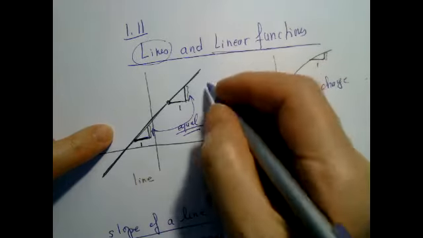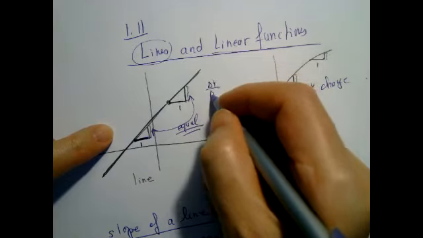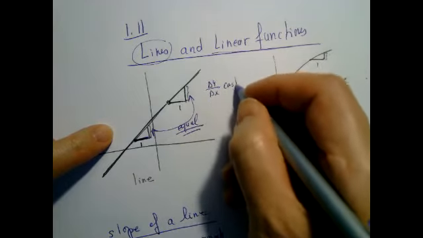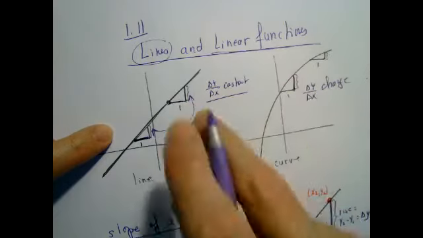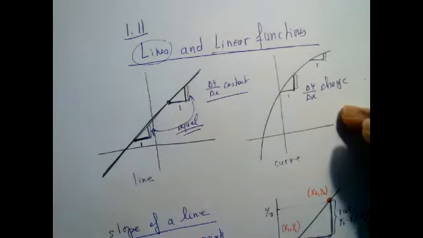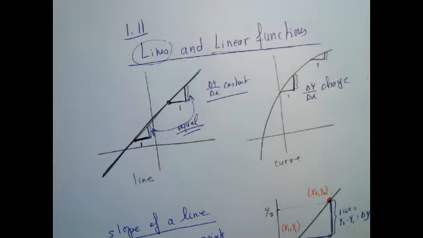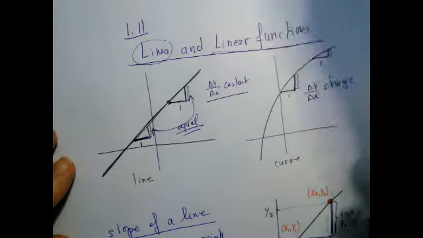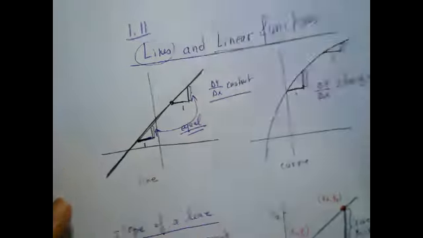For the line, the delta y over delta x is constant. And now we are really focusing on the line where delta y over delta x does not change. That's what distinguishes a line from a curve.